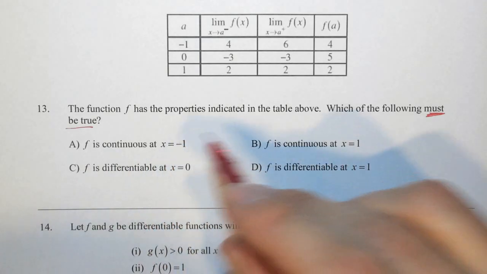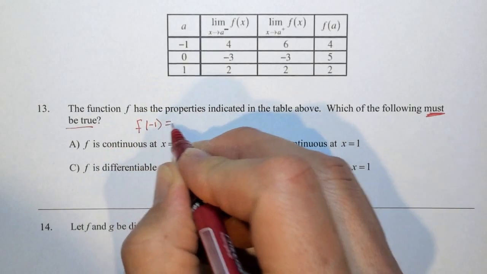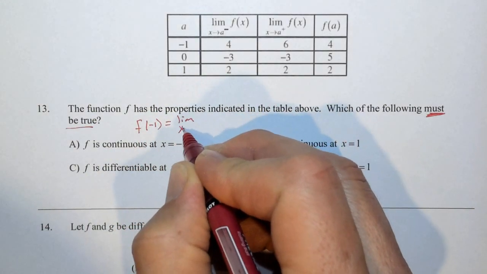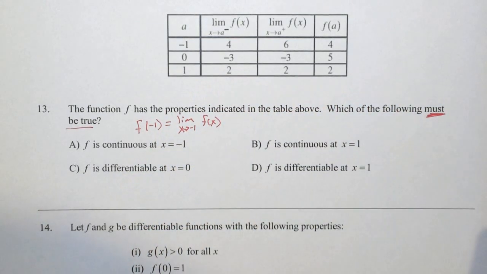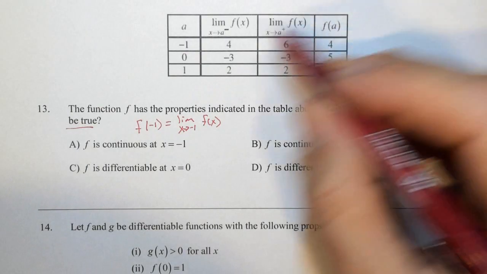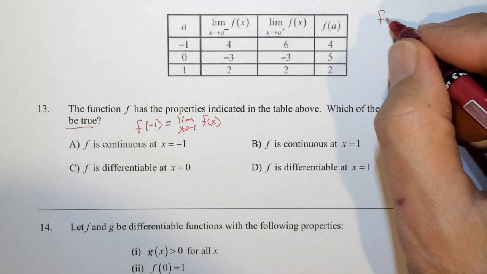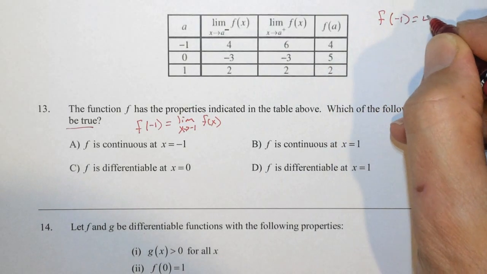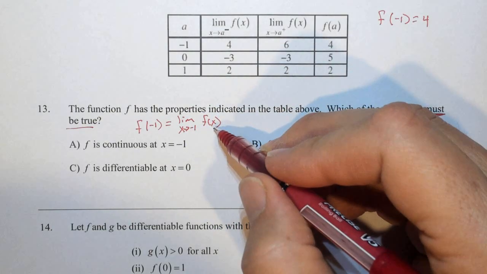Well, if this is true, then we know that f of -1 equals the limit as x approaches -1 of f of x. Well, let's take a look at that. F of -1, we can see there, is 4. How about the limit as x approaches -1 of f of x?